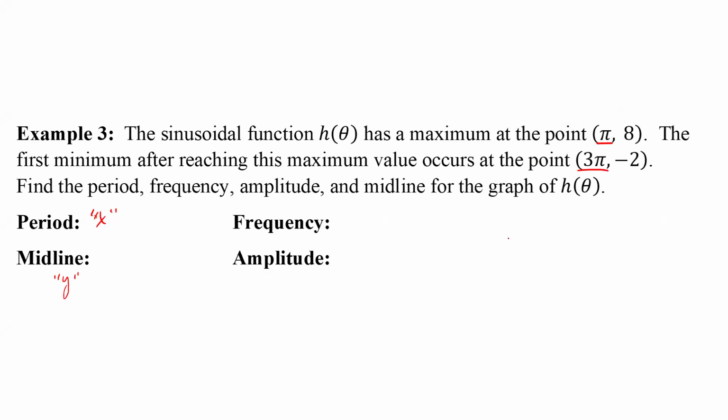Our max is at pi, and our minimum is at 3 pi. So to find this distance, 3 pi minus pi puts us at 2 pi. Remember, this is only half of our period. So to find our full period, it's going to equal 2 pi times 2. So our full period is 4 pi.